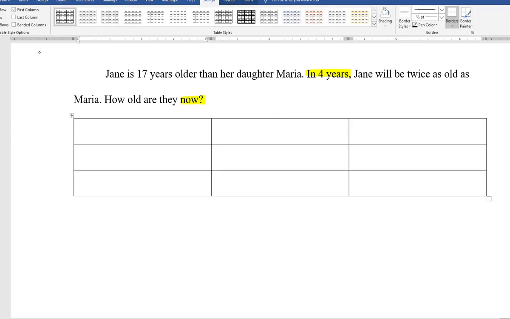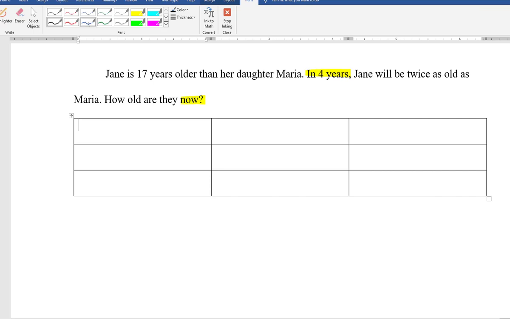First of all, we're dealing with the time frame of now and the time frame of in 4 years. We're also dealing with two people. We're dealing with Jane and her daughter Maria. That's what we're trying to figure out, their ages.